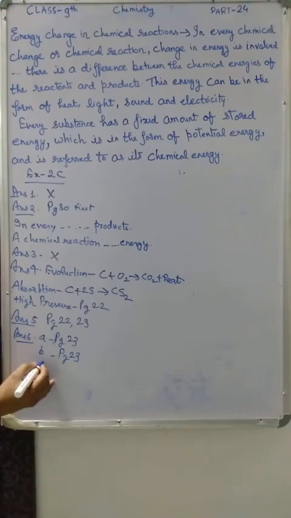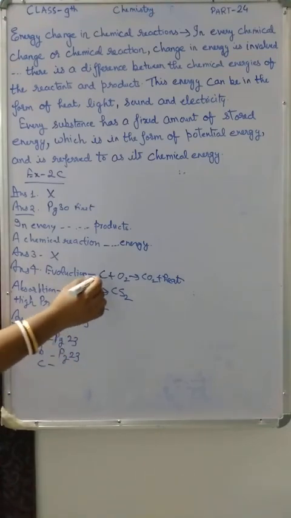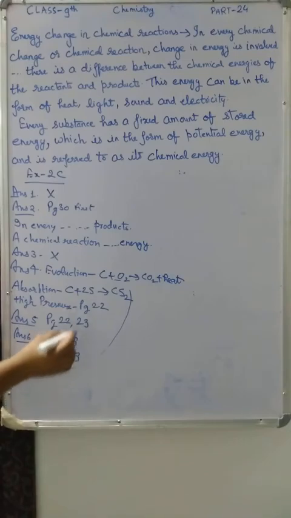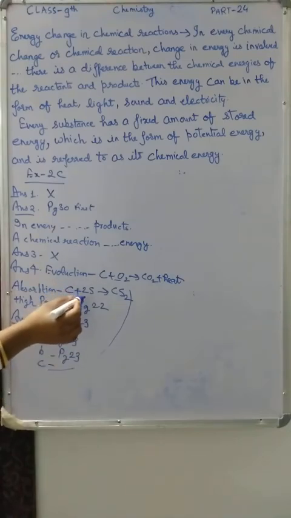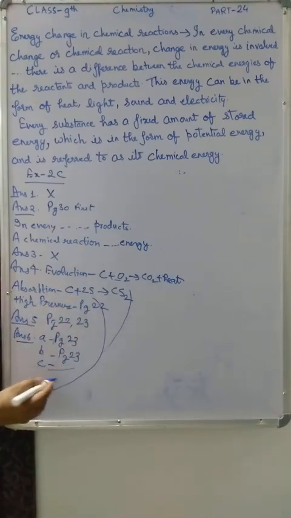C, this one you can write, okay, exothermic reaction and endothermic reaction. And for D, the last one is a reaction where color change is noticed. For that you will get in page number 23.